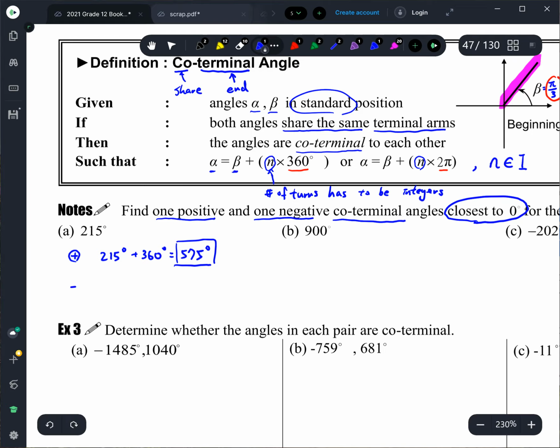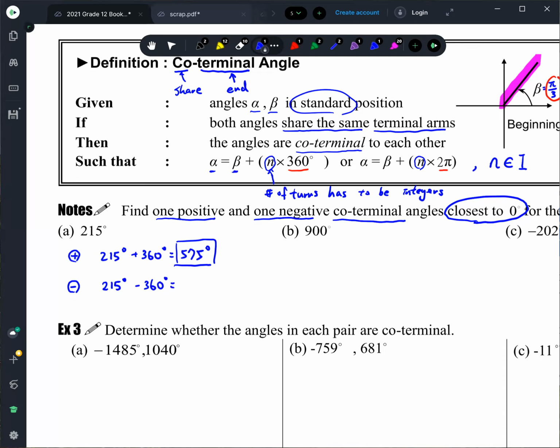Now if we want to get to the negative, 215 is our beginning angle. Instead of adding, I will do subtracting because I want to get to the negative side. Just subtracting once will be enough. Sometimes you might need to subtract more than once, more than one turn. This one, I just need to turn once.